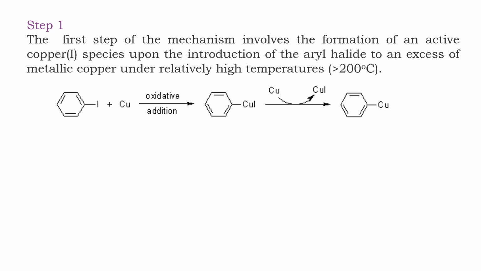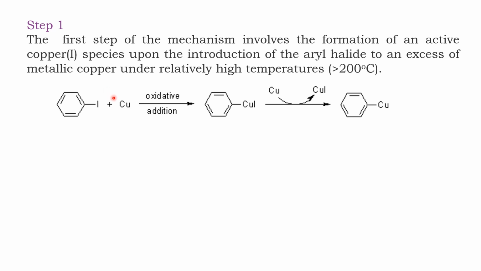So moving towards the mechanism, we could say the first step is the formation of an active copper species. This is the active copper species by the introduction of aryl halides with copper.